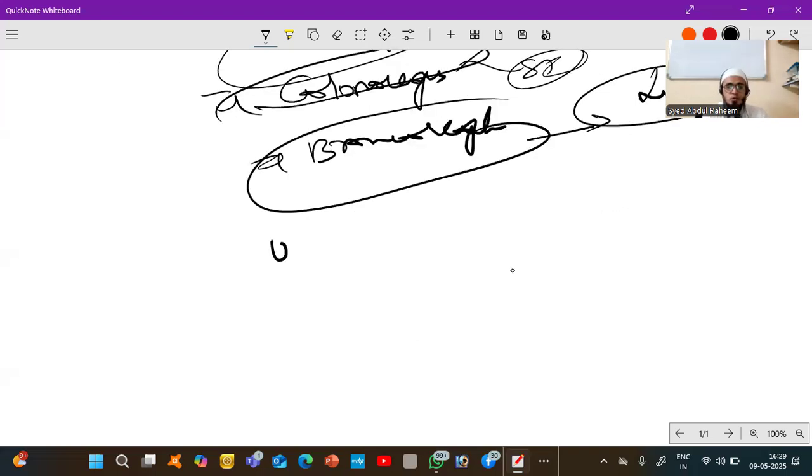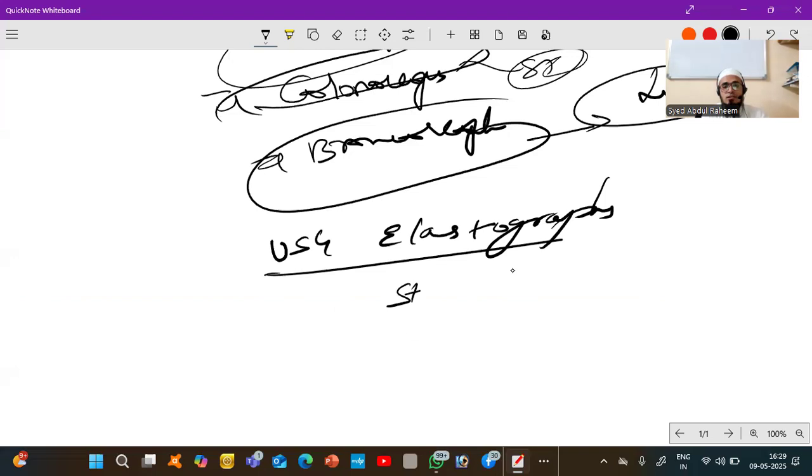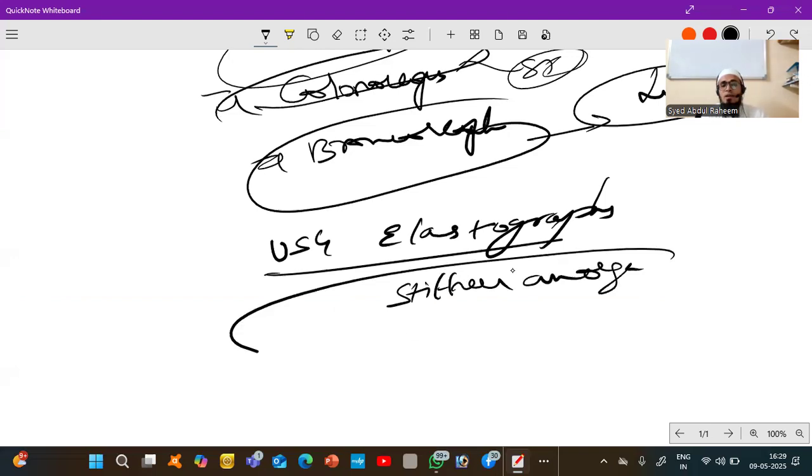The next type of USG is called elastography. It is to see the stiffness of an organ. Stiffness of an organ means, for example, tumor, cyst, how much amount it has spread and how much the organ is affected.